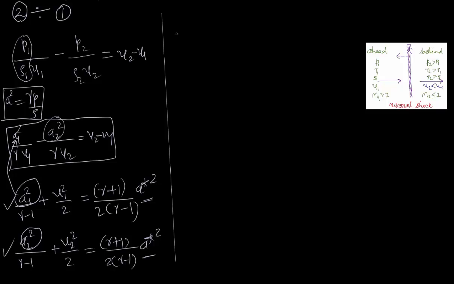So our A1 square will become gamma plus 1 by 2 A star square minus gamma minus 1 by 2 U1 square.